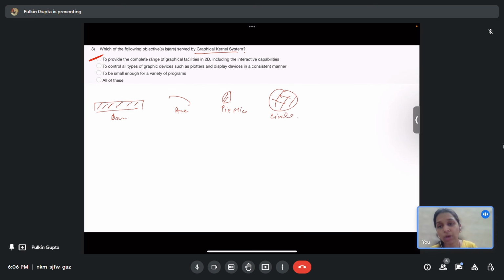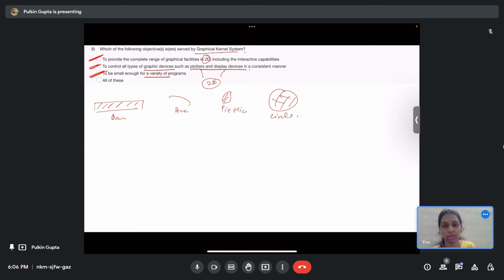But it also allows us to control all types of graphic devices such as plotters and display, because since it is providing us facilities in 2D, these plotters and display devices are also 2D devices. And then they are small enough for a variety of programs.